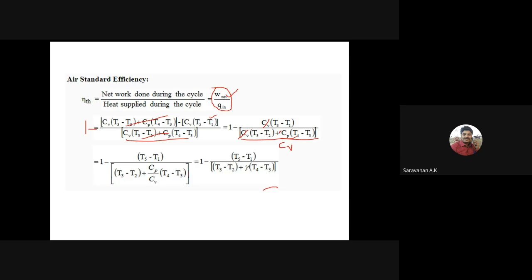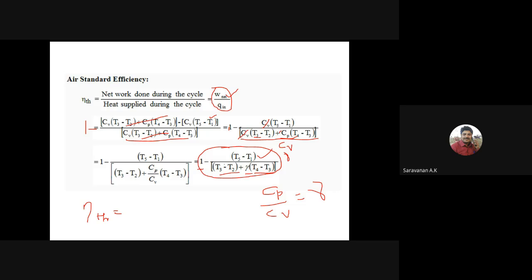We already know that Cp by Cv is the adiabatic exponent, gamma, so we can replace it. So the efficiency is 1 minus (T5 minus T1) divided by [(T3 minus T2) plus gamma (T4 minus T3)]. This is the efficiency of the dual cycle in terms of temperature.